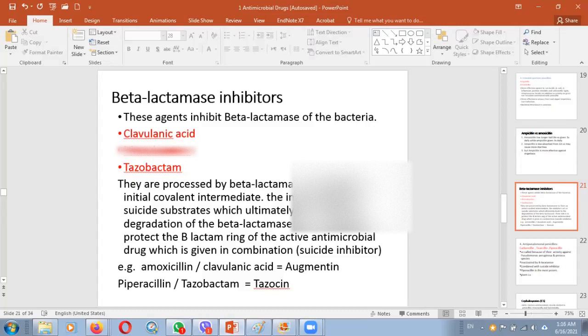Their role is to protect the beta-lactam ring of the active antimicrobial drug which is given in combination.